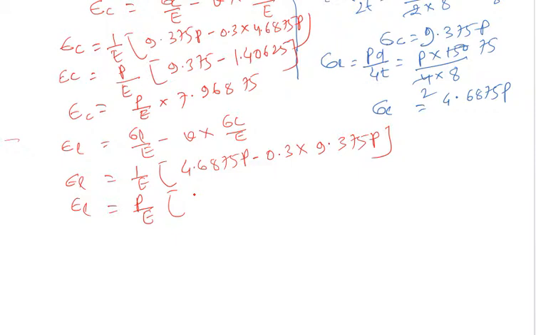let's subtract this value, that is 4.6875 minus 0.3 into 9.375, that will be 1.875.